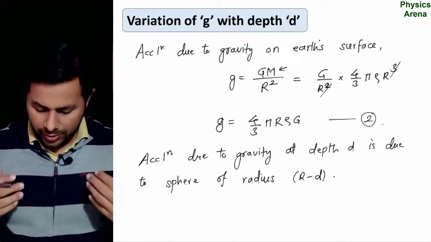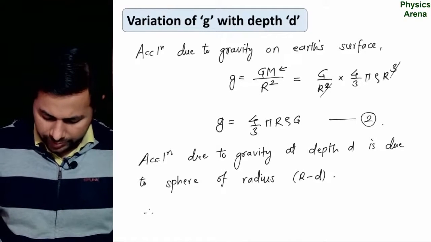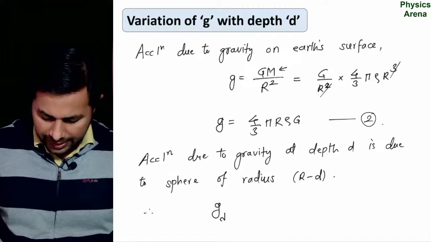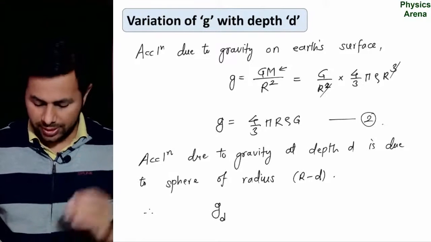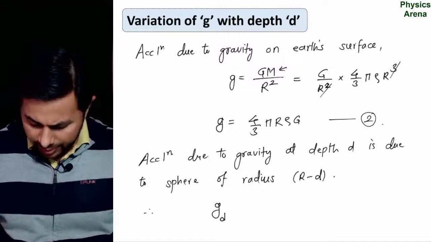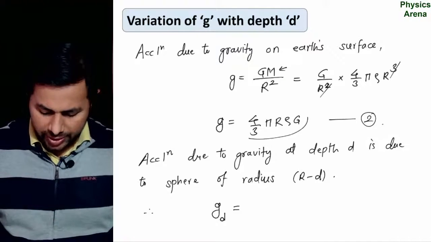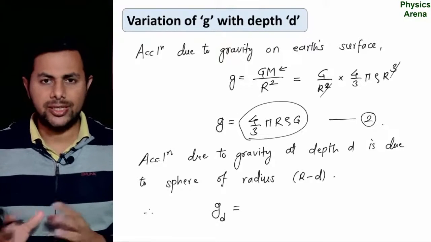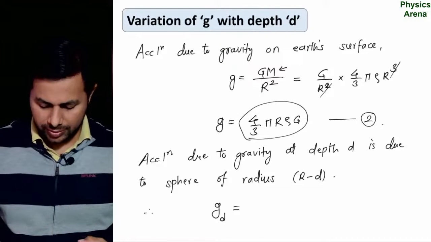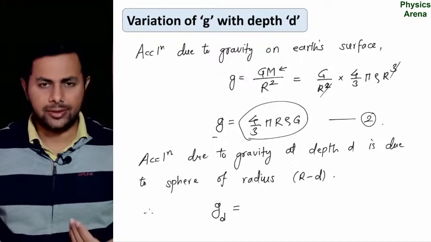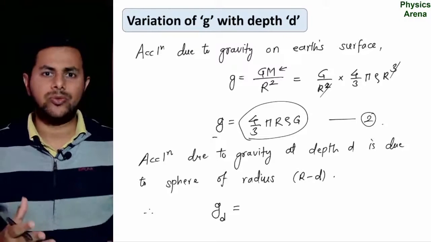So now the acceleration due to gravity at depth d, this suffix d is for depth d, will be equal to, if we compare it with this formula, what are the changes in this formula and the formula that we want to write?